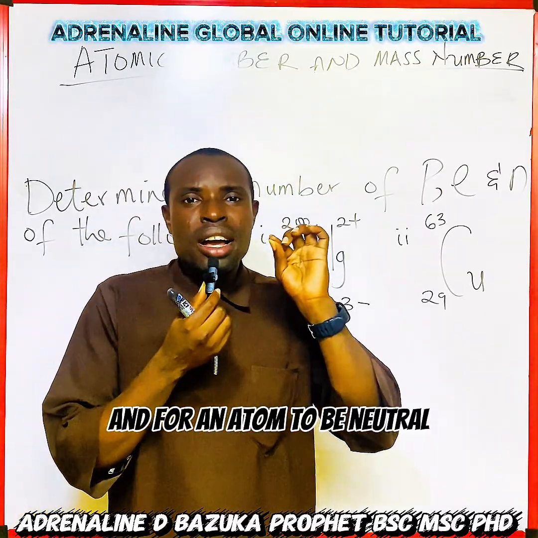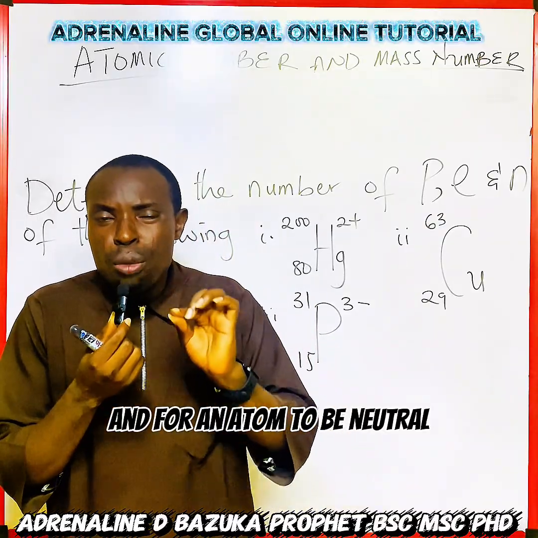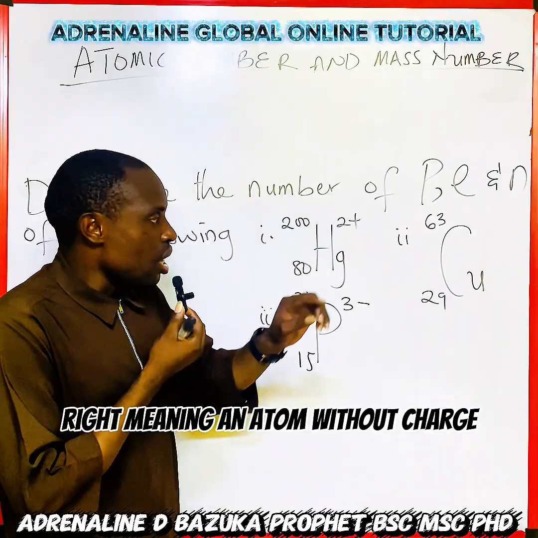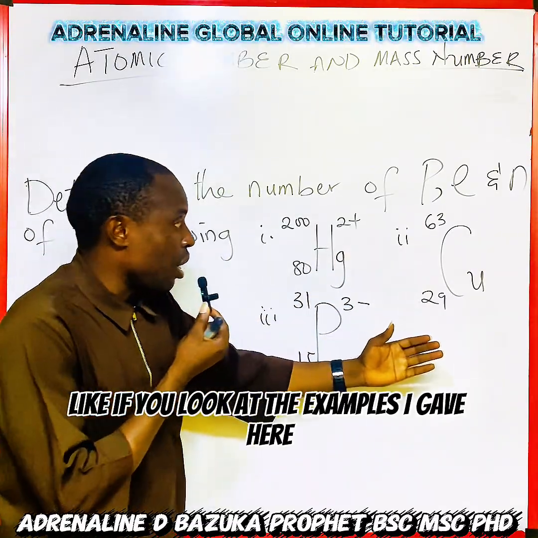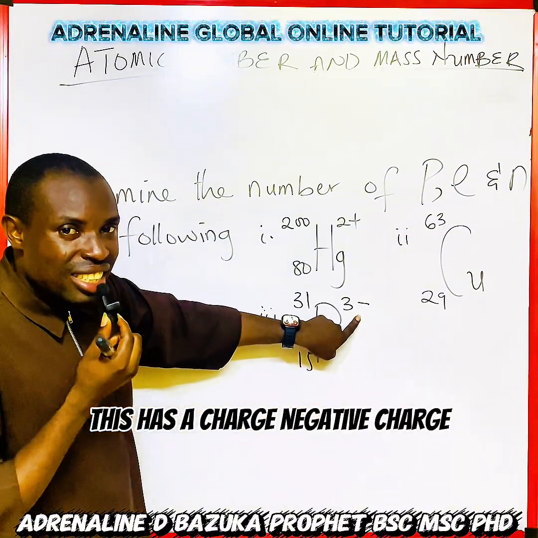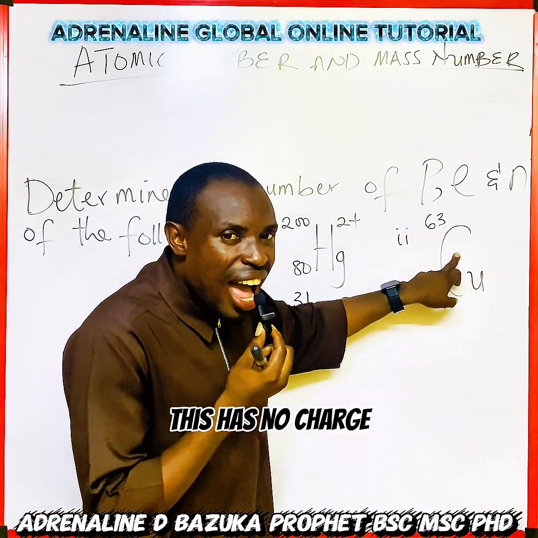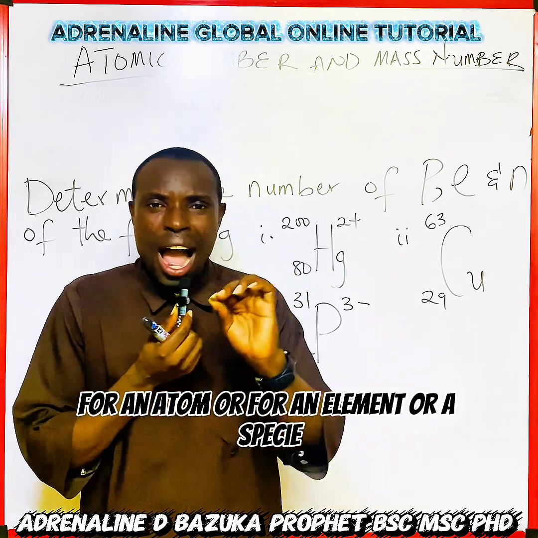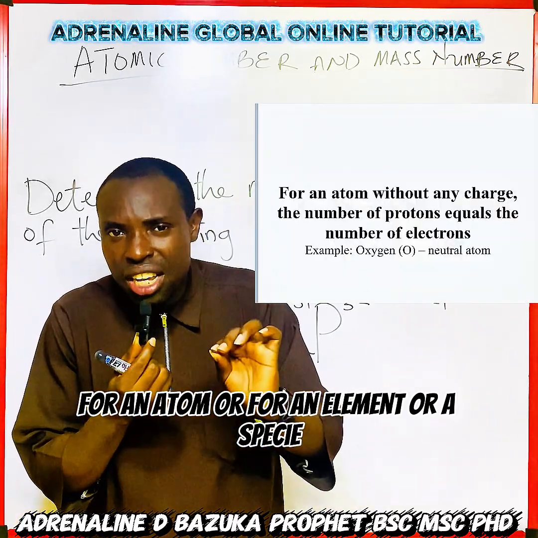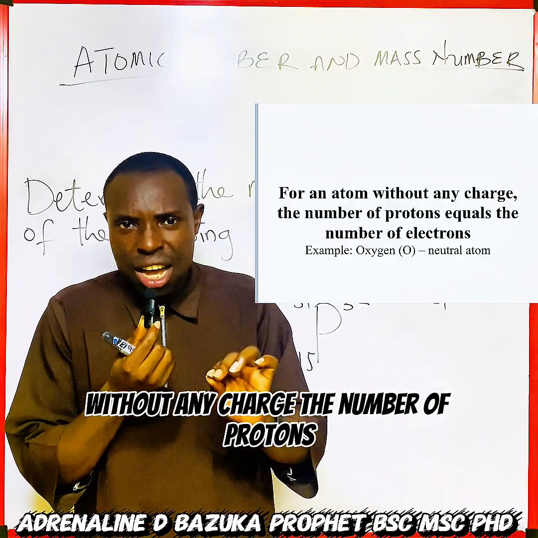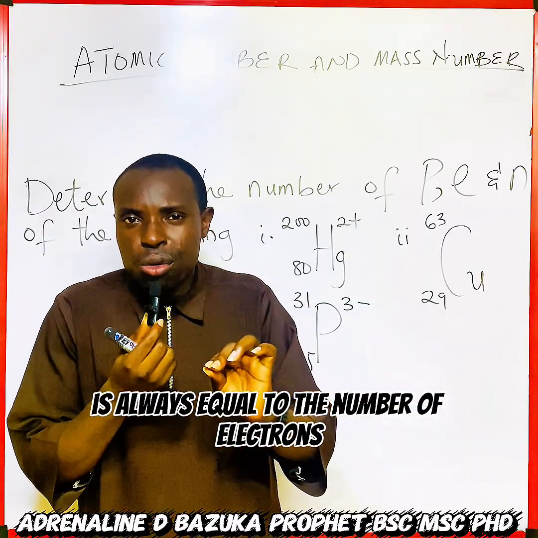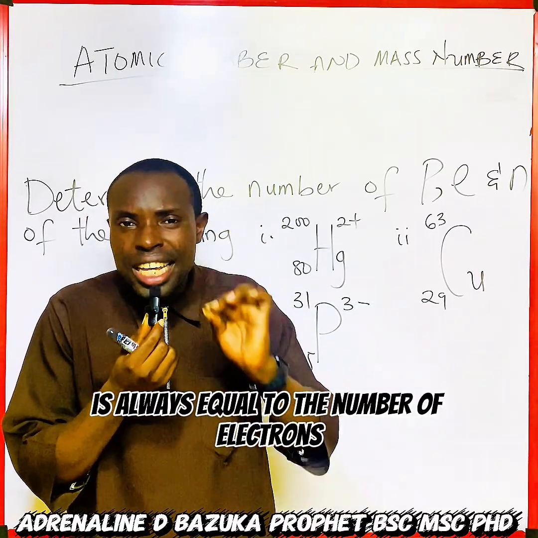For an atom to be neutral, meaning an atom without charge, like the examples I gave here, this has a positive charge, this has a negative charge, this has no charge. For an atom or an element or a species without any charge, the number of protons is always equal to the number of electrons.